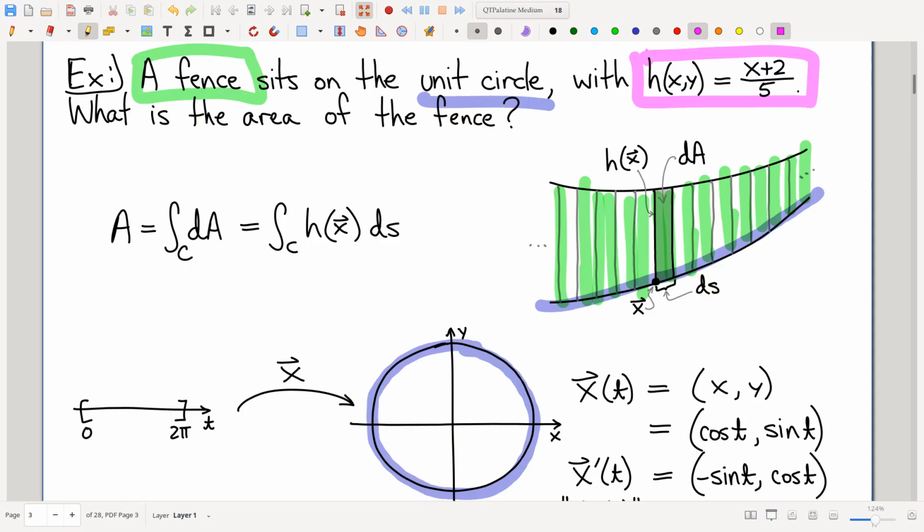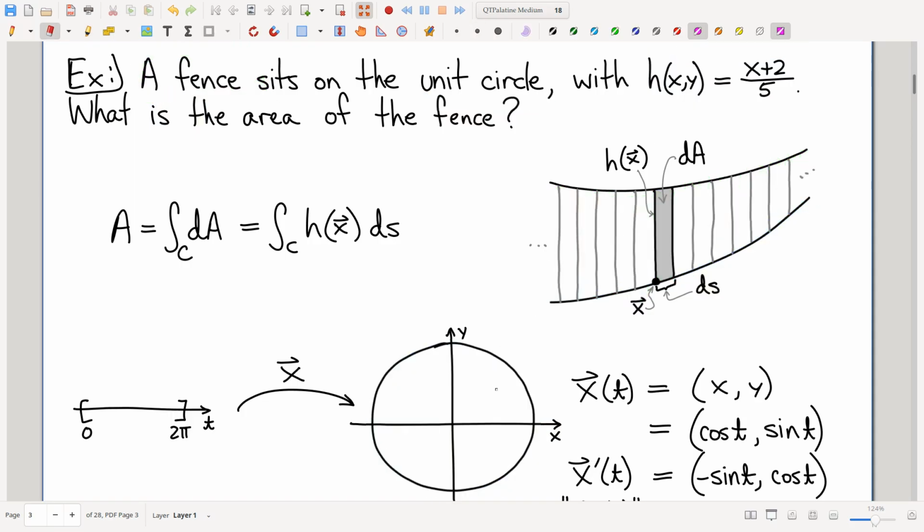Okay, so with that set up, how am I going to compute the area of the fence? And again, I start with my seeming little triviality. This is an acknowledgement that the total area of the fence is the sum of the areas of the pickets. Physical appeal, right? Just got to think it through, but that's right. That's how area works. That's how a fence works, right?